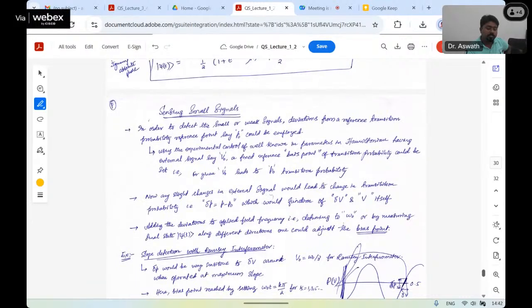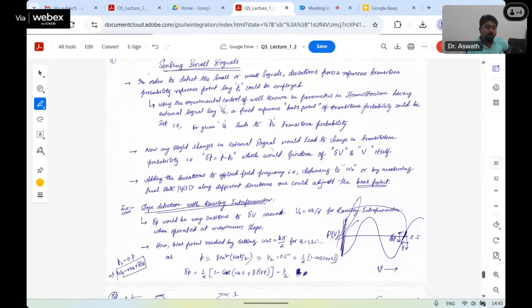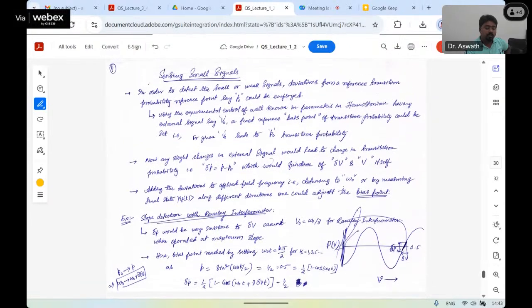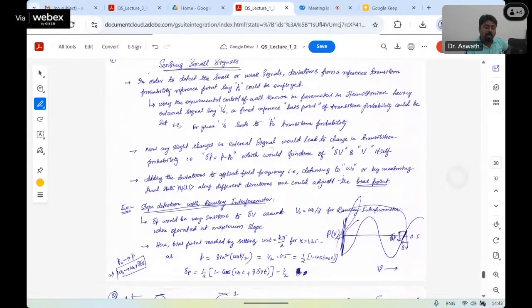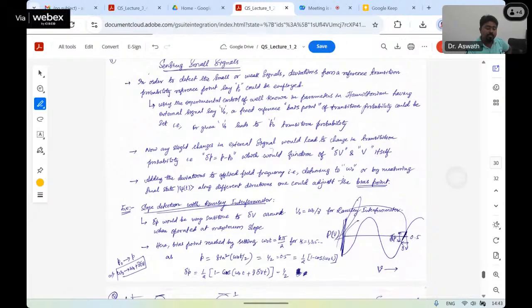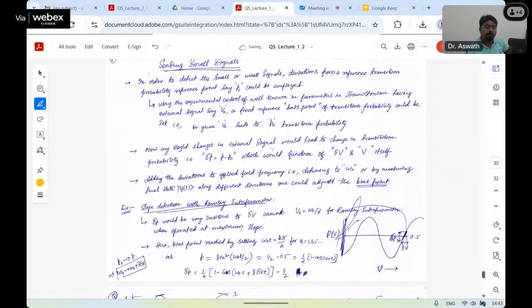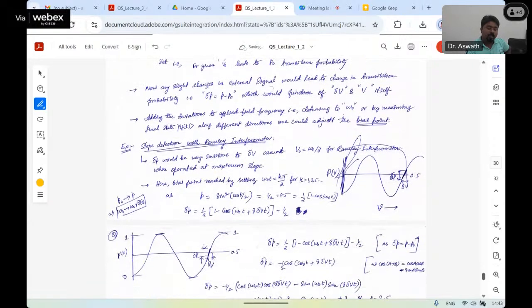Now, sensing small signals. Let's say I have the probability with respect to time. At every time I have calculated the probability. I can fix a time and change the probability with respect to the signal strength V. If I plot that, it also comes out to be a sinusoidal function.